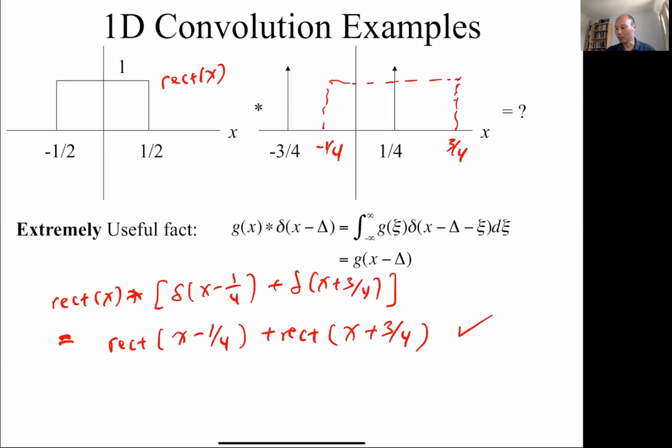So it would go from -1/4 to -5/4. Sorry, things aren't really to scale there, but those are the two rect functions. Okay, so that's really useful. This is probably one of the more useful facts to remember from this lecture: convolving with shifted delta functions always just shifts your object.